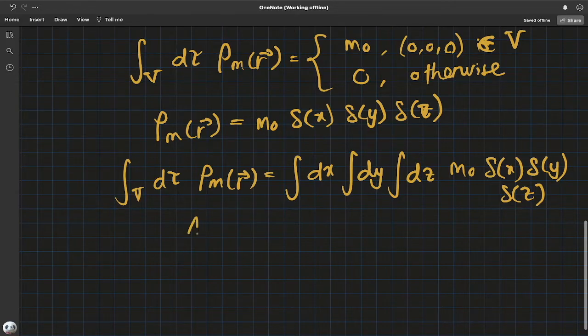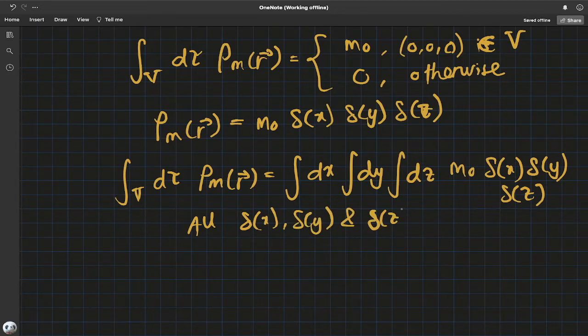So we want all delta x, y, and z to be satisfied, because if say one of them is satisfied, if x equals 0 is satisfied, you still are free to choose any y and z, which is just going to give you a plane in the yz space.